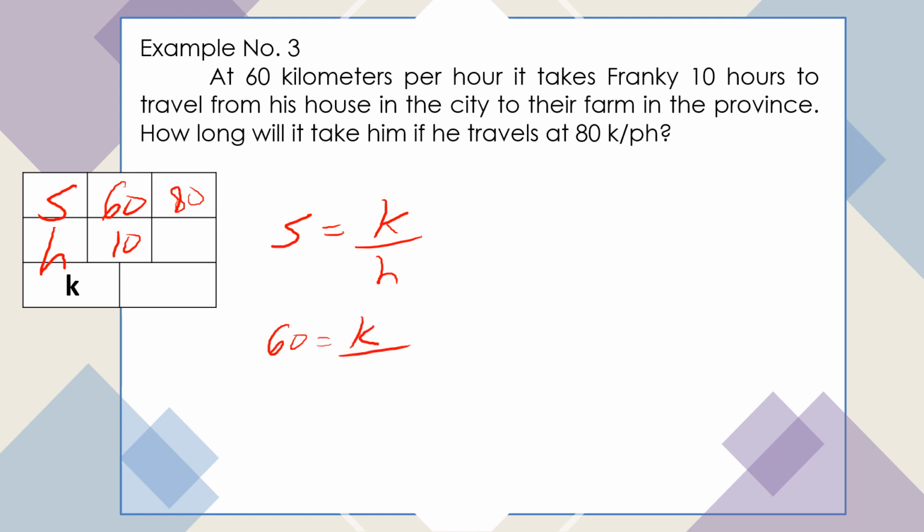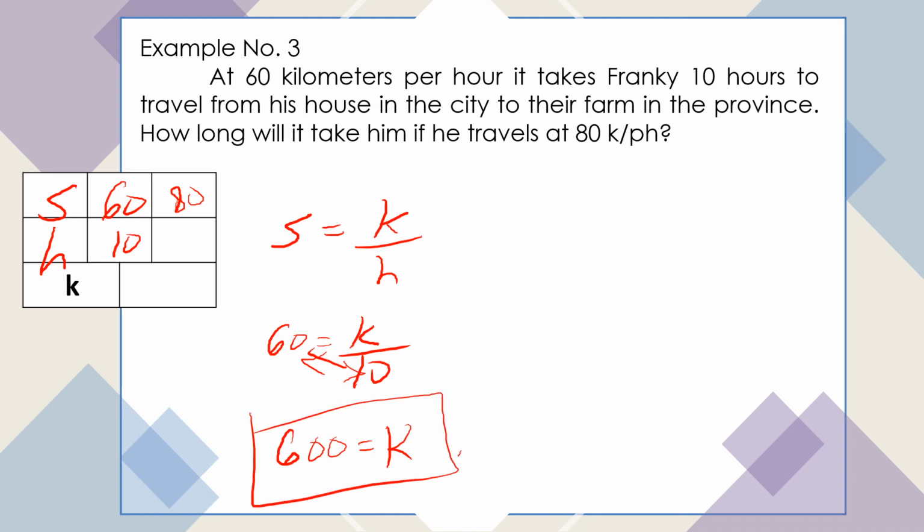K, ang value ng H natin is 10. Multiply natin sa 10 or cross-multiply lang natin. We have 600 equals K. Or K equals 600. Therefore, ito na yung value ng K. Nakuha natin 60 times 10, 600 kanina. Then, ang kanyang equation of variation would be S equals 600 over H.